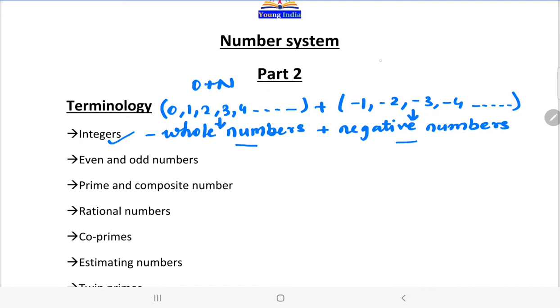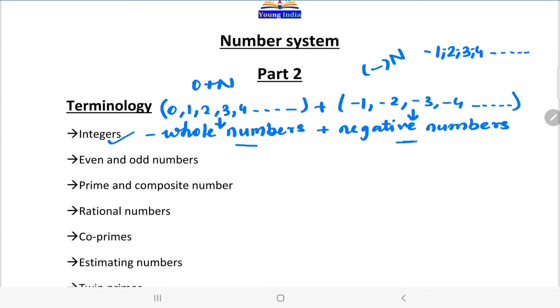Coming to negative numbers, when you add a minus sign in front of a natural number, you will get the negative numbers. We all know that 1, 2, 3, 4, so on are natural numbers. If we add a negative sign before them, then we will get the negative numbers.